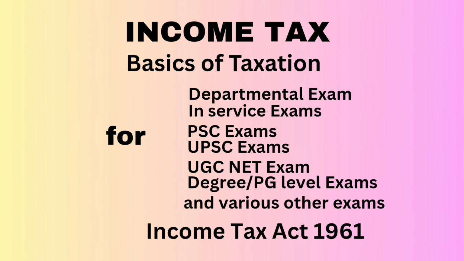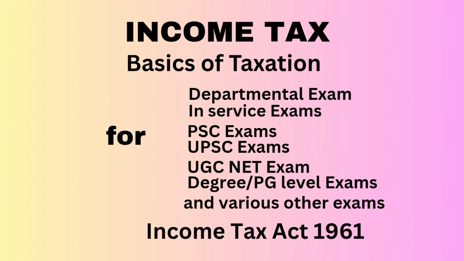Hindu undivided family, HUF. 3. Company. 4. Partnership firm. 5. An association of persons, AOP, or body of individuals, BOI, whether incorporated or not. 6. Local authority. 7. Artificial juridical person.